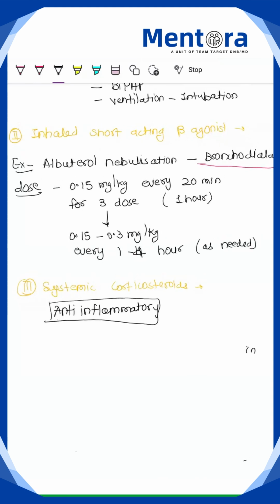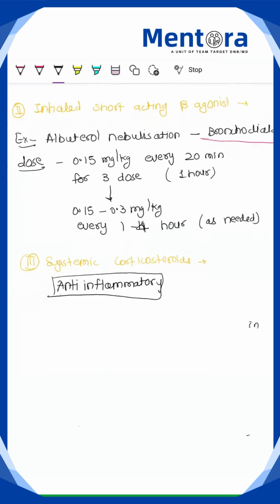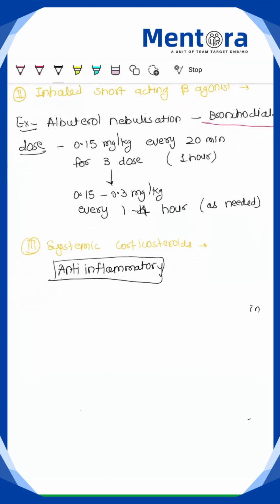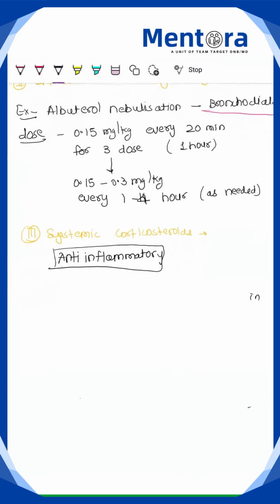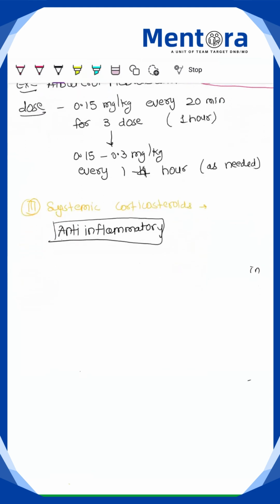Short-acting beta agonist were bronchodilator. Systemic corticosteroids were anti-inflammatory. So we can start with dexamethasone or methylprednisolone.